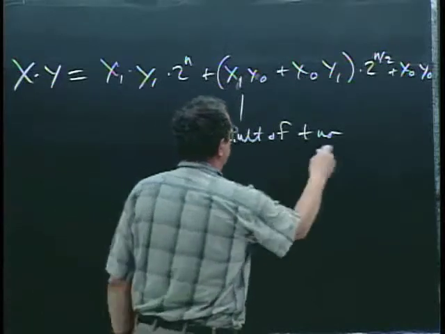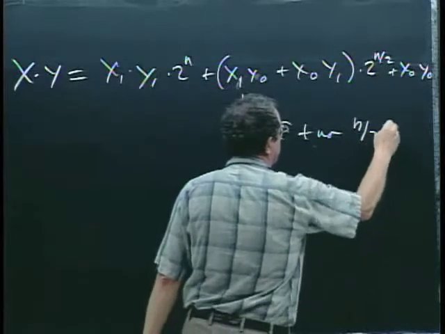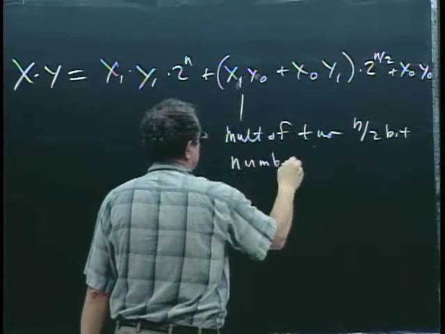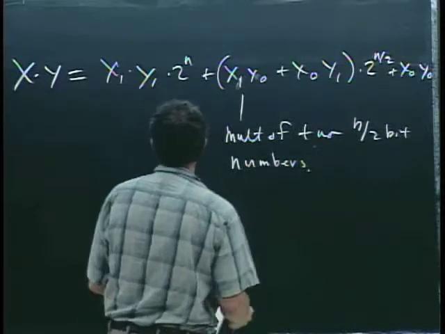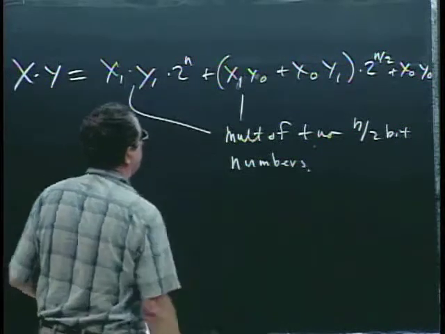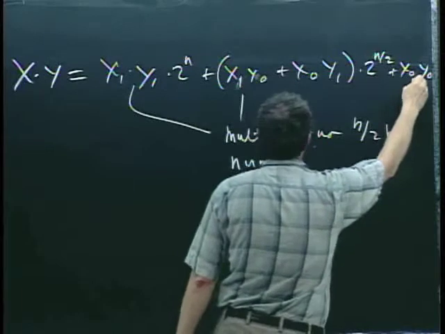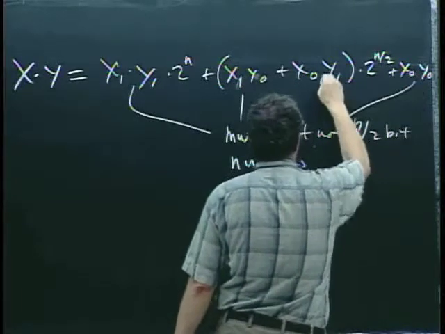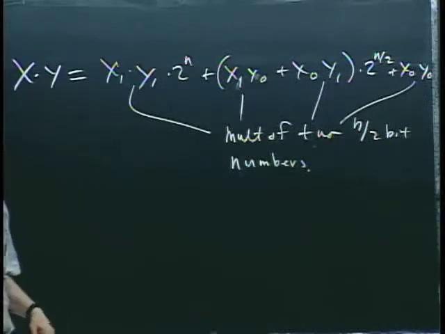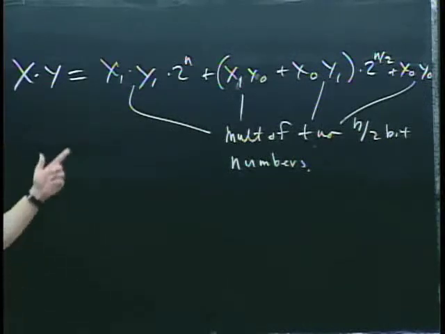So this is the multiplication of two n over 2 bit numbers. Okay. Similarly, this is a multiplication of two n over 2 bit numbers, and so on. So we have 4 multiplications of n over 2 bit numbers up here.